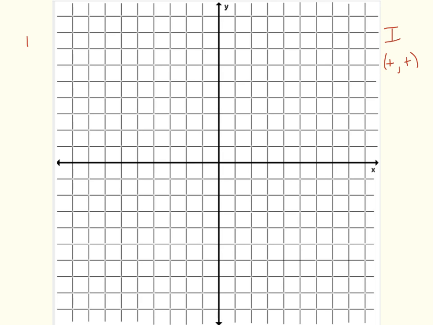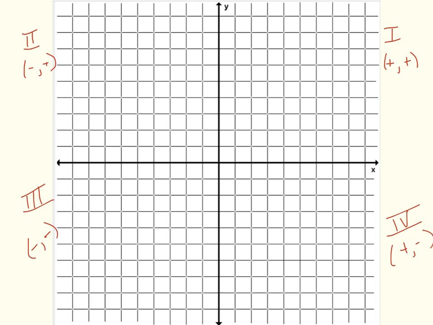Then it looks like we go backwards, but it's like the letter C, same direction. So quadrant 2, this is where x is negative, but y is positive. And then we go down to quadrant 3, and this is where they're both negative. And then quadrant 4, and this is where the y is negative, but the x is positive.